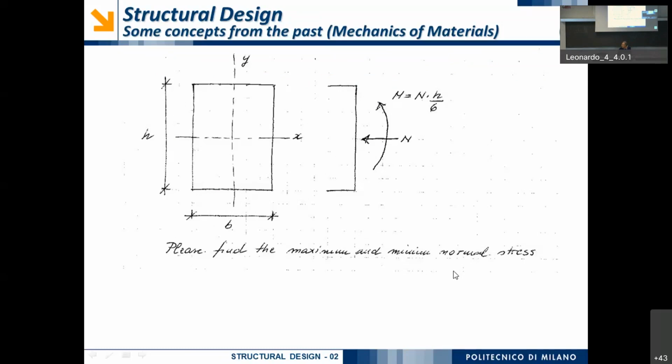Okay? So the so-called superposition principle holds, is valid. Okay? A first exercise for you in order to remember this.